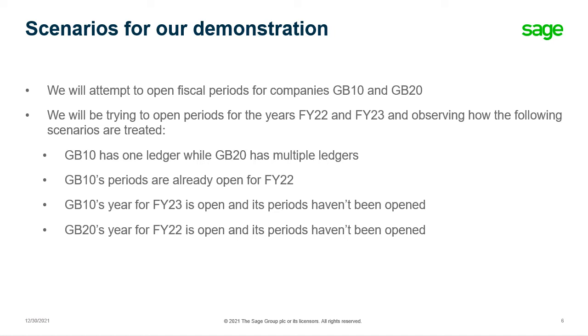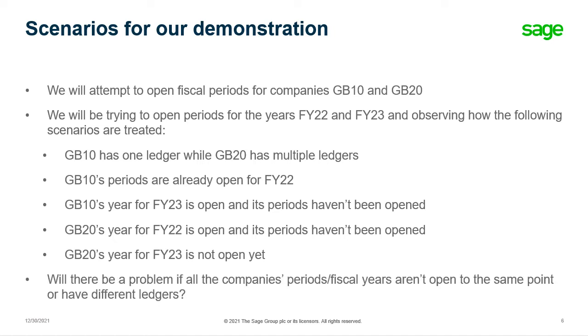Now if we look at GB20, its year for fiscal 22 is open, but its periods haven't been opened. And GB20's year for fiscal 23 is not open yet. So will there be a problem if the companies that we're going to try to open have periods and fiscal years that aren't open to the same point or have different ledgers?